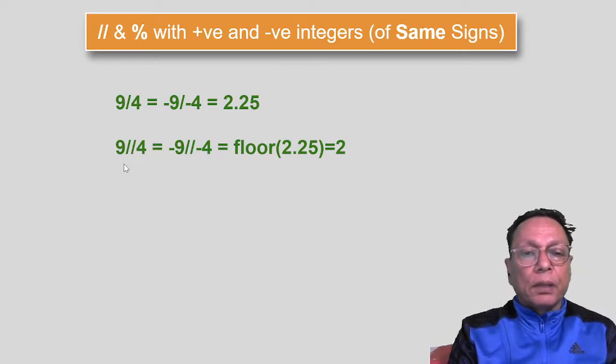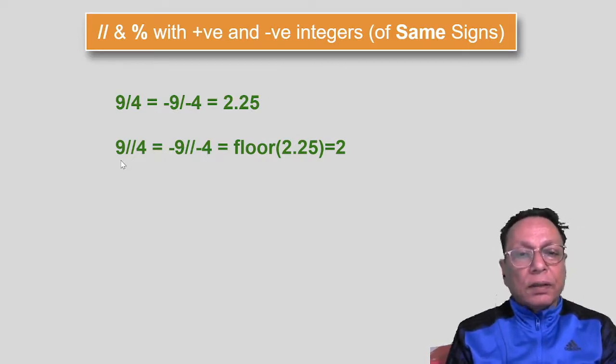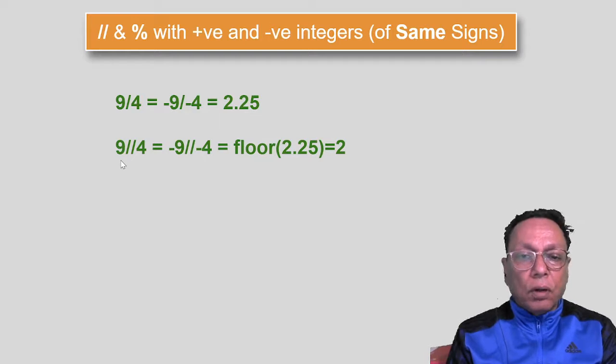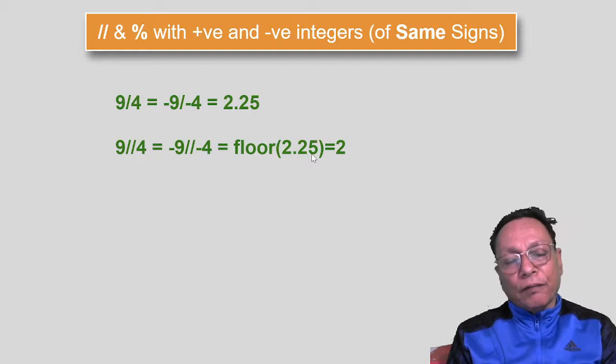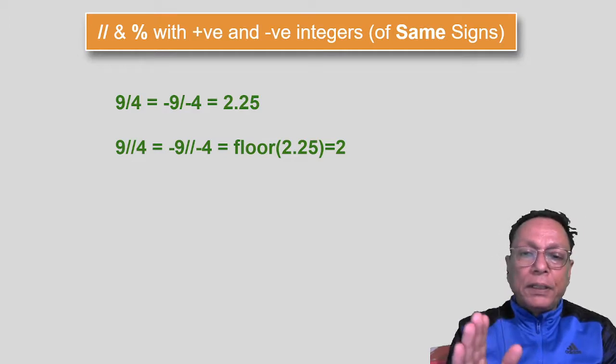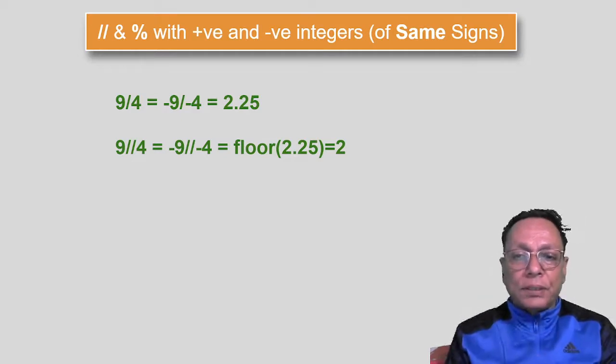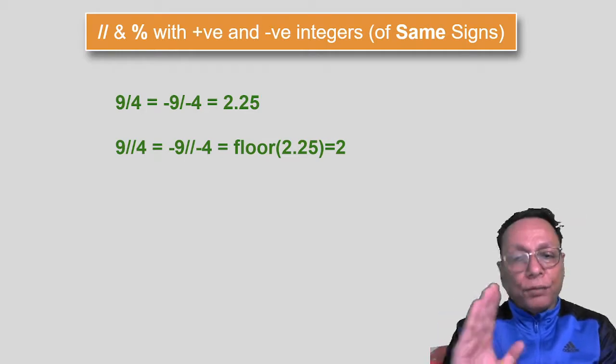And if you are taking floor division 9 floor division 4 or minus 9 floor division minus 4, it will give you what? Floor of 2.25, means always positive, and the floor is 2. 2.25 should be less or equal to the integer, and that is why floor of 2.25 will give you 2 only.